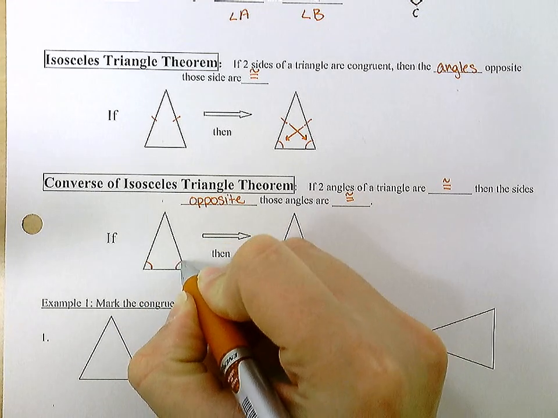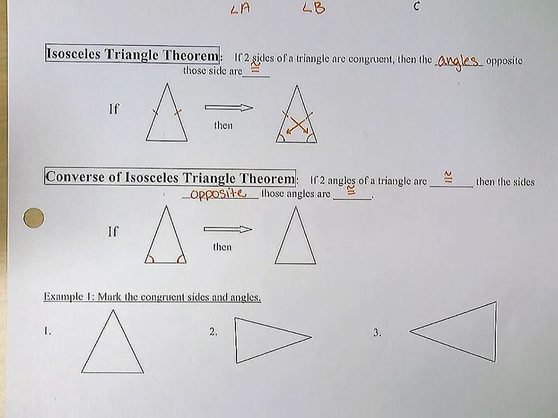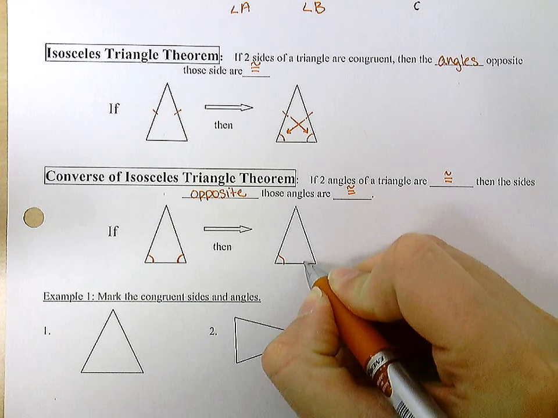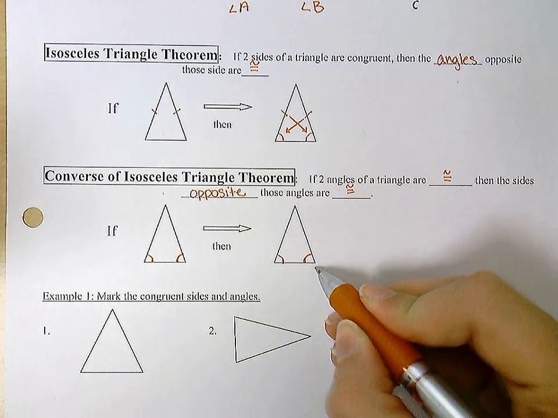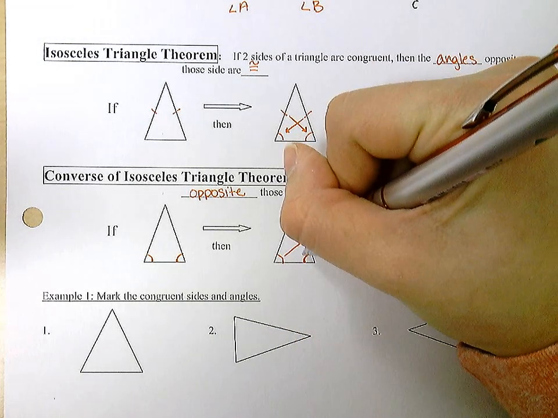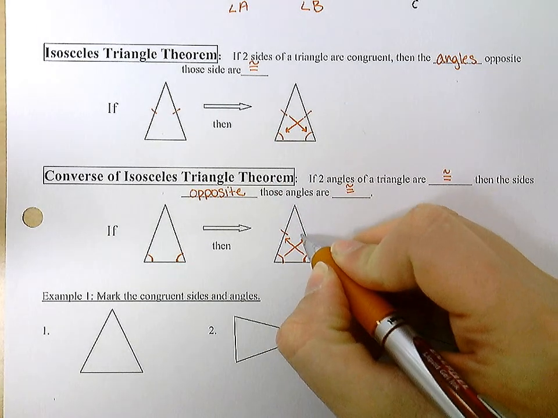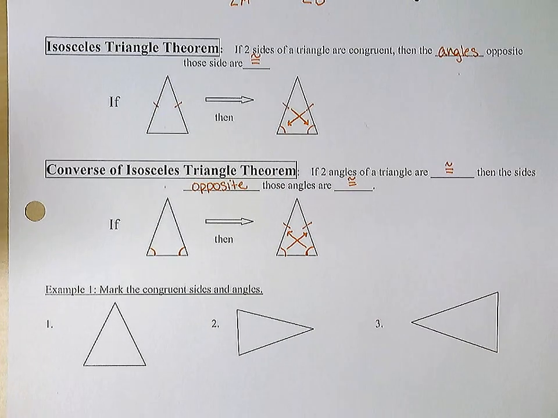If we know the base angles are congruent to each other, then the sides opposite those angles, so this side across and this side across, would be congruent to each other. So it's just the opposite of that first one.